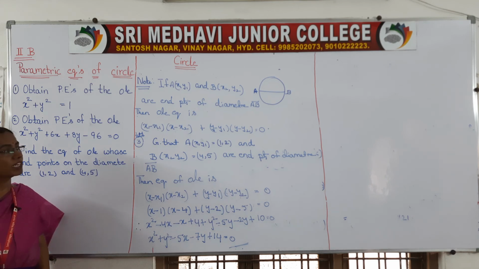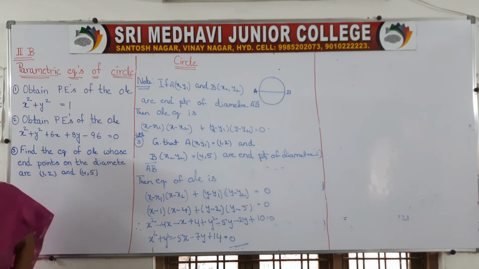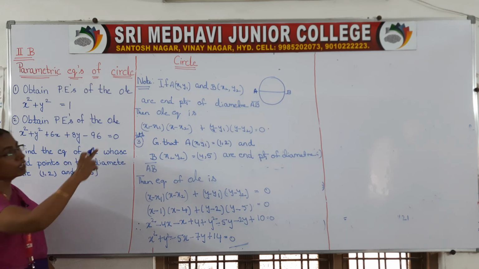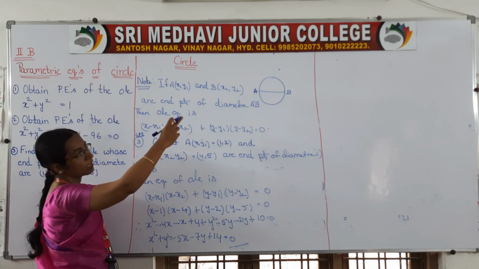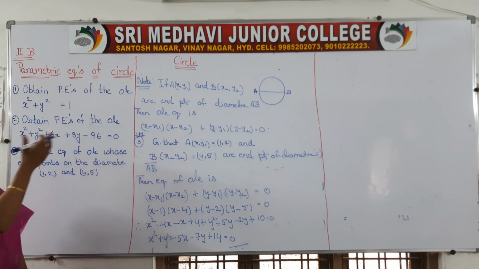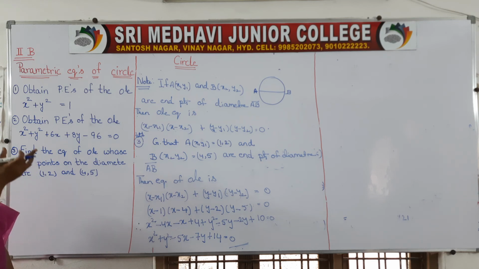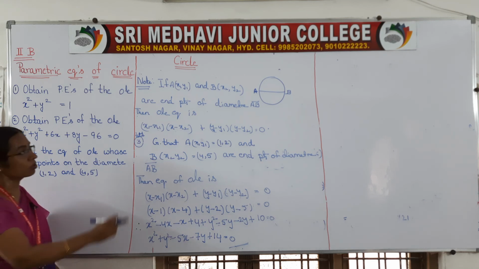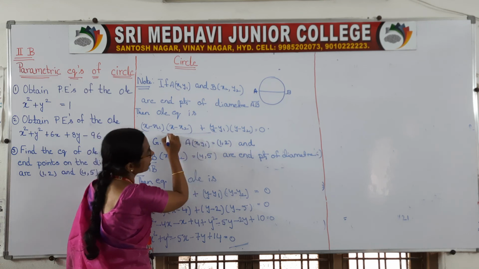So today we discussed the definition of parametric equations and problems based on them. Then, when the endpoints of a diameter of a circle are given to us, how to write the circle equation.